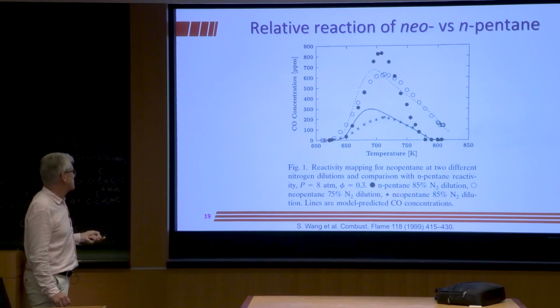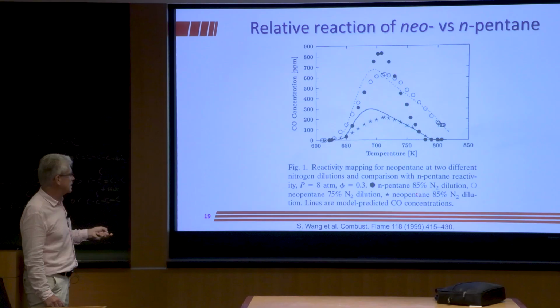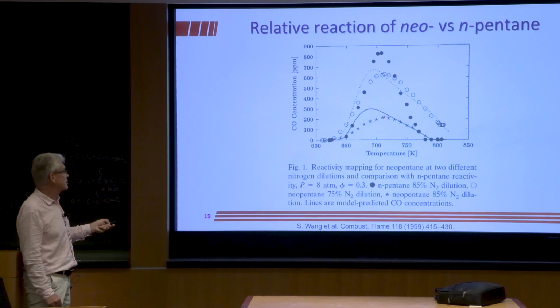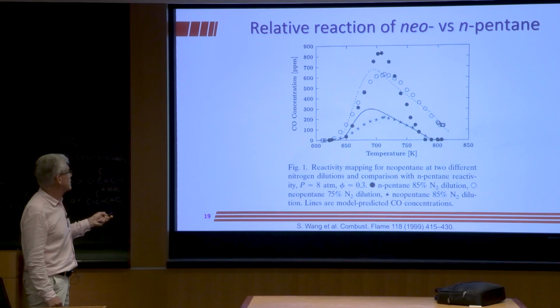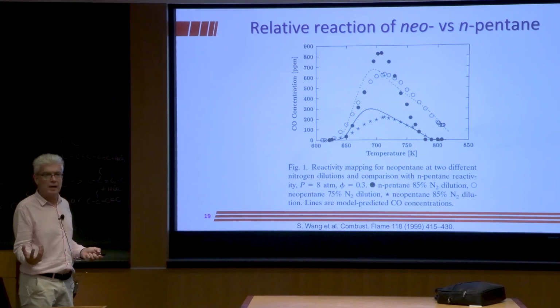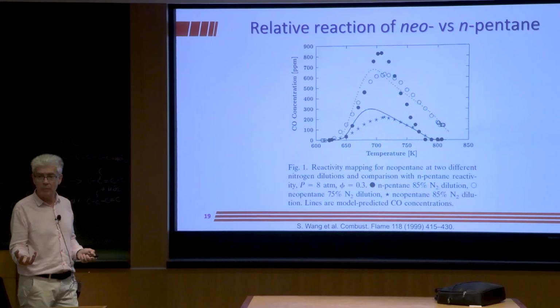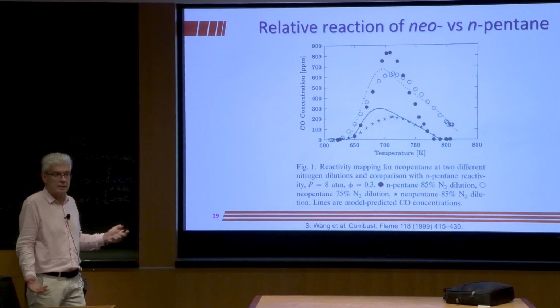Okay, and these diamonds are neopentane, the CO produced from neopentane at 85% N2 dilution as well. So if we compare these red stars with the black circles, you can see that the conversion of N-pentane is 4 times greater than it is for neopentane at 700 Kelvin, according to this figure.